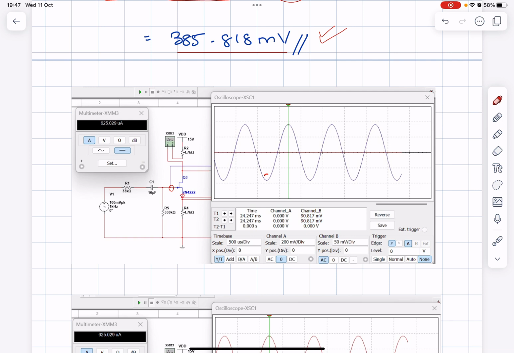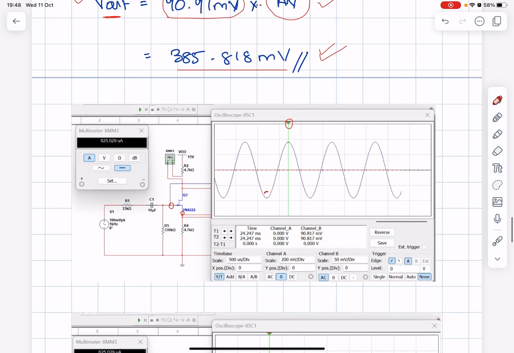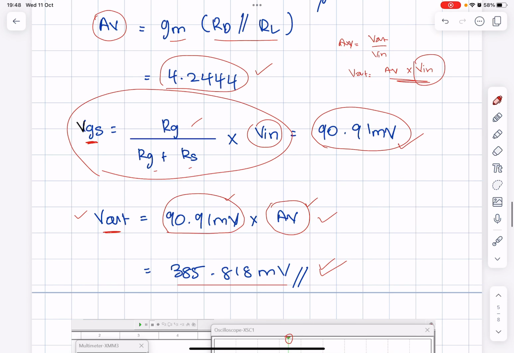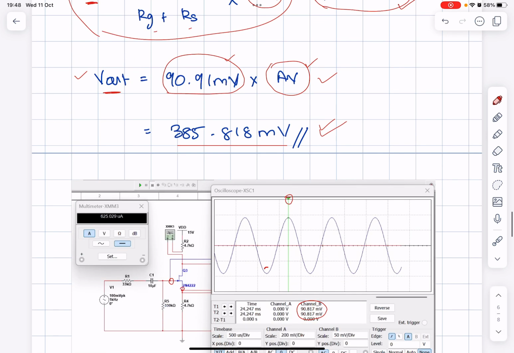So you can move this scale. I want to check what is the peak value of the VGS. So the VGS here is stated as 90.91 millivolt, and the one I obtained here is 90.91 millivolt. So it is the same.